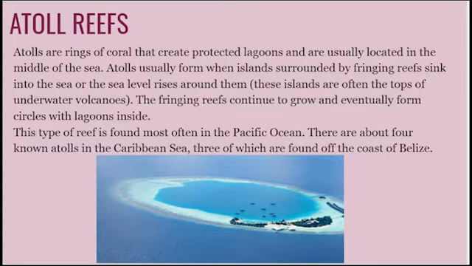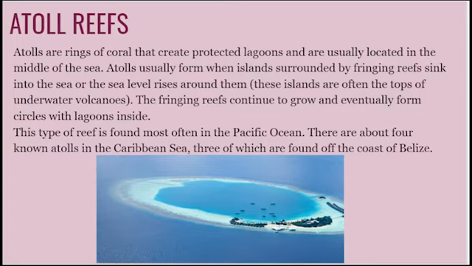Simplest way to say it. Barrier reefs are separated from the coast by deep, wide lagoons. Atoll reefs are fringing reefs that form a complete circle.